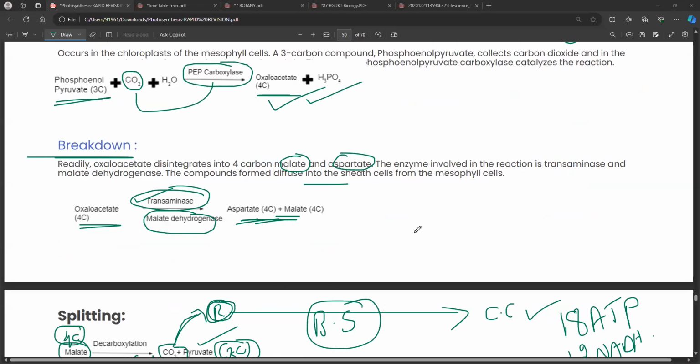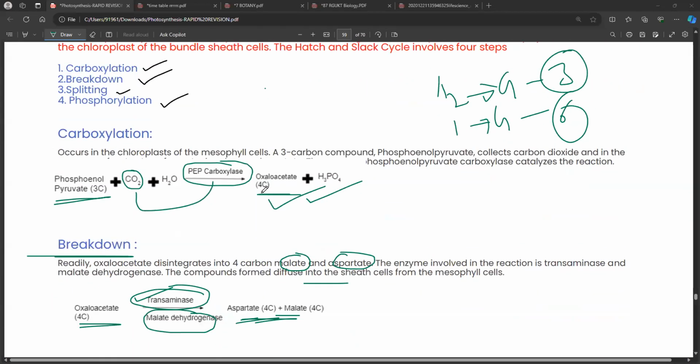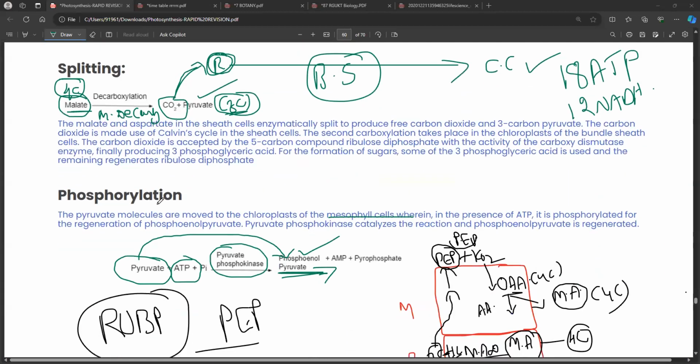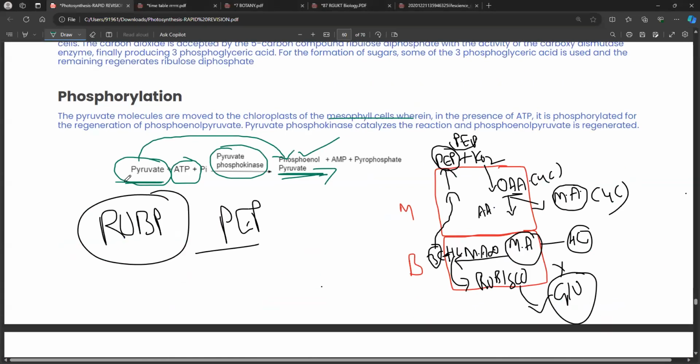Now all the students have to understand me very correctly. Listen to my statements very correctly. Whenever pyruvate is converted into phosphoenol pyruvate, what is the enzyme involved here?